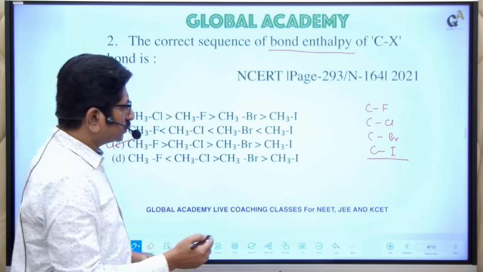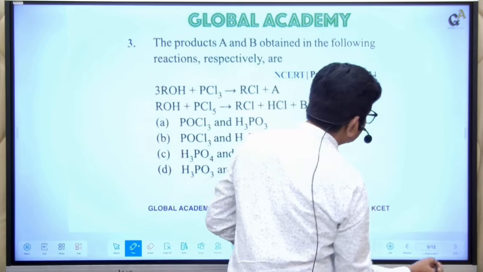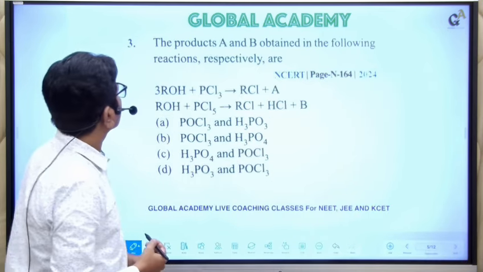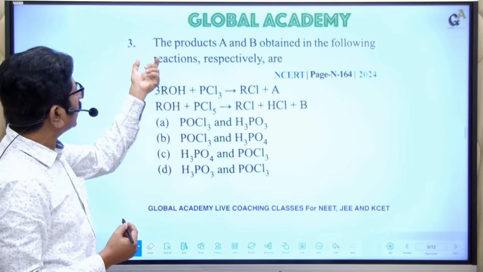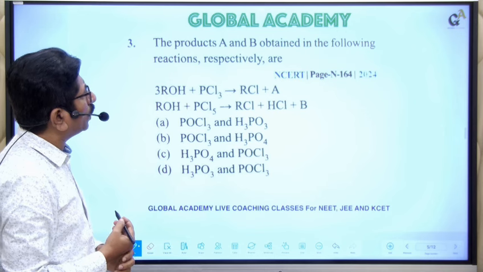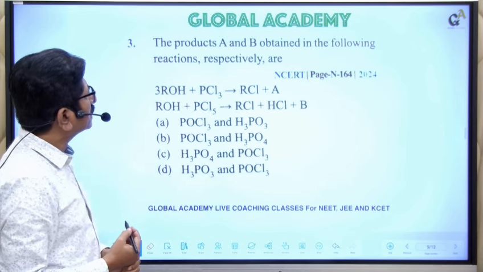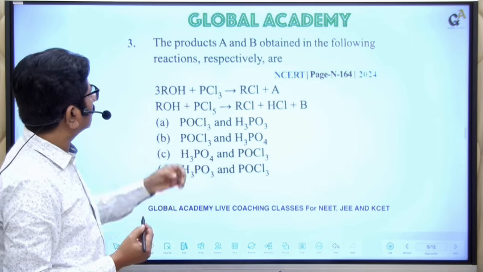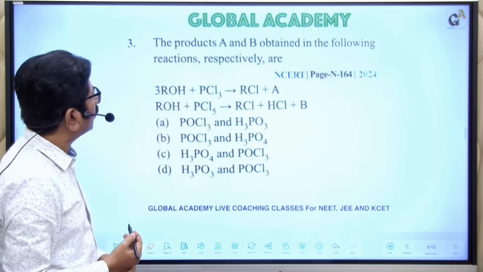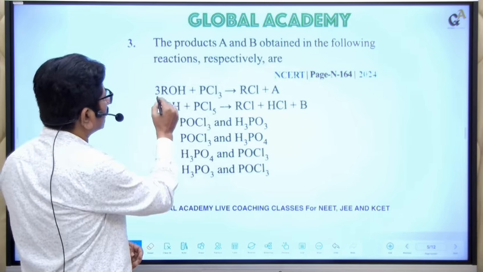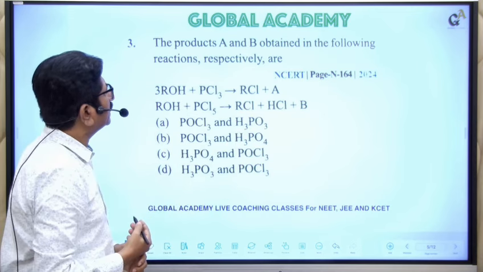Now the next question, that is the third one. The products A and B obtained in the following reaction, respectively. So the reaction is given, and what is forming?